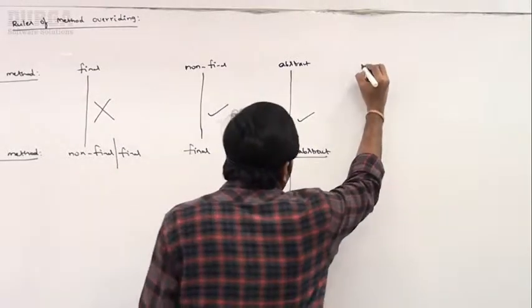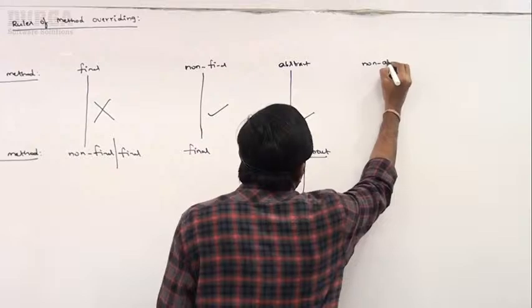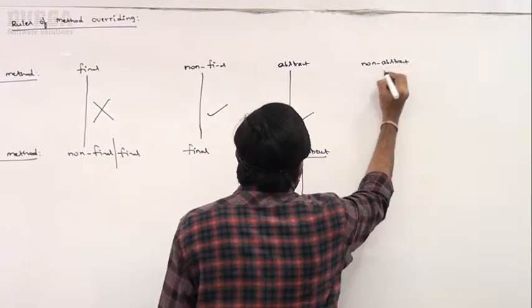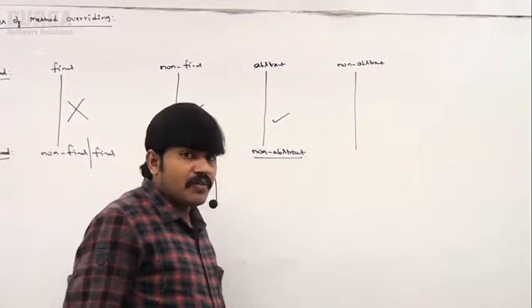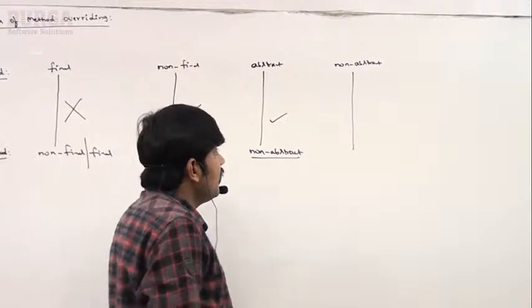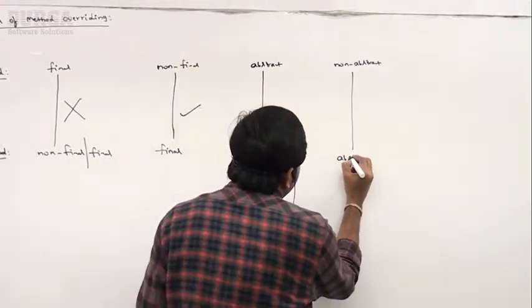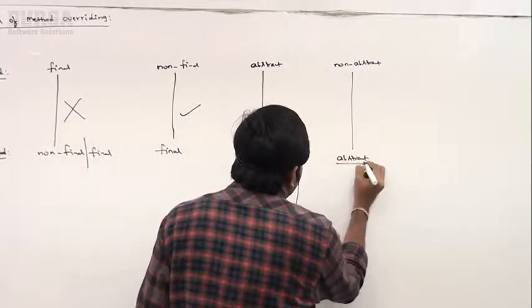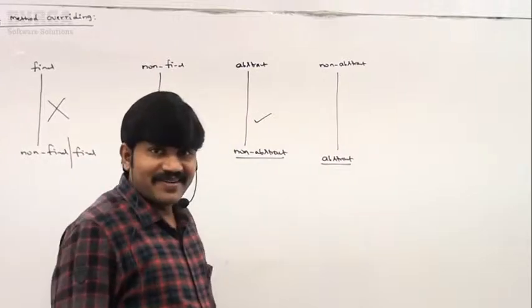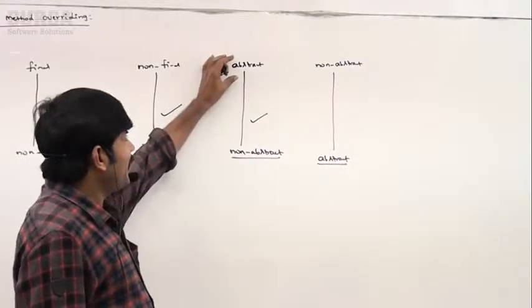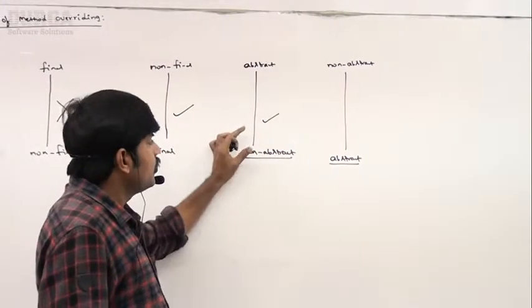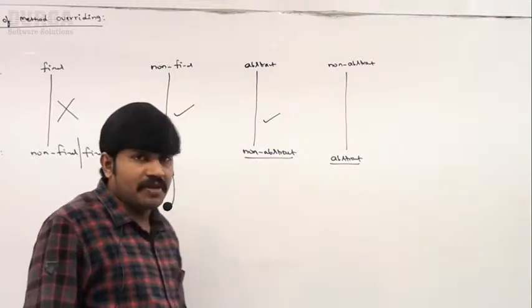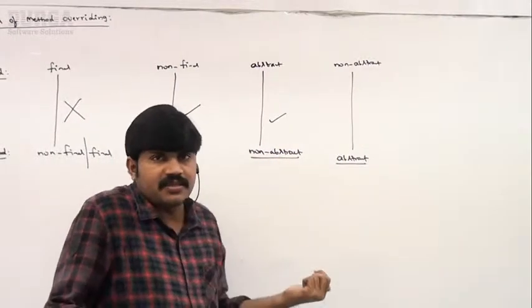If the parent class method is non-abstract, implementation is there, and I want to override this method as abstract, is it possible or not? If the parent method is abstract, you should override to provide implementation as non-abstract, acceptable, right?